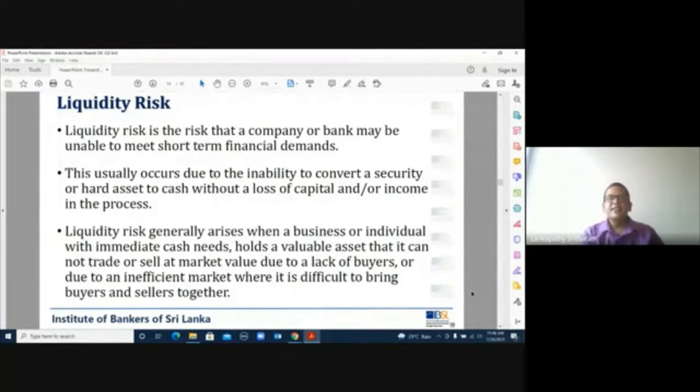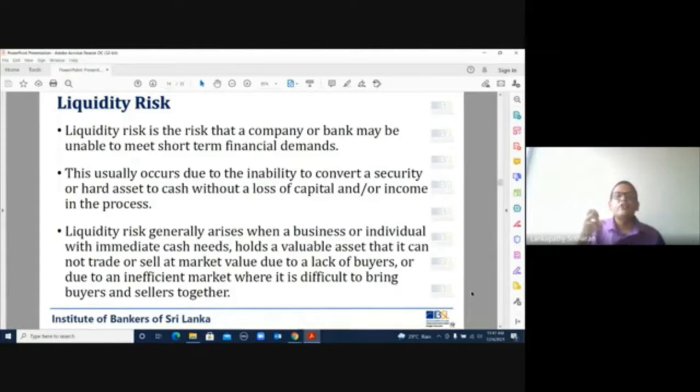Let's assume the scenario. These banks are holding 10-year treasury bonds as liquid assets. It is very hard to sell these treasury bonds in the market if it is a longer maturity. The market players in Sri Lanka prefer short-term maturities: treasury bills, or 2, 3, 4 years, less than 5 years treasury bonds.